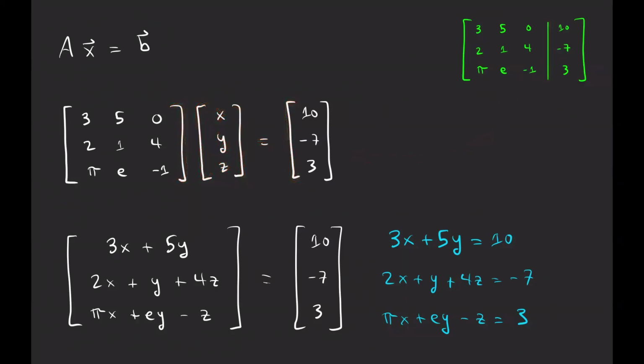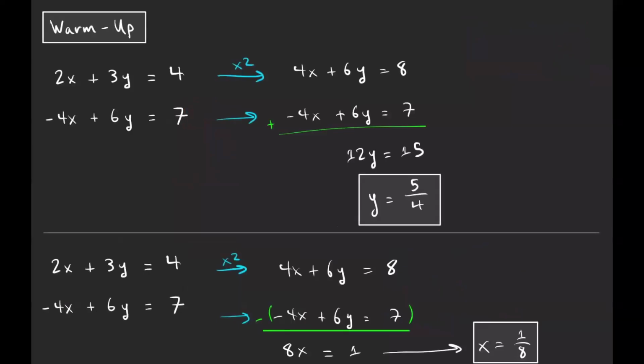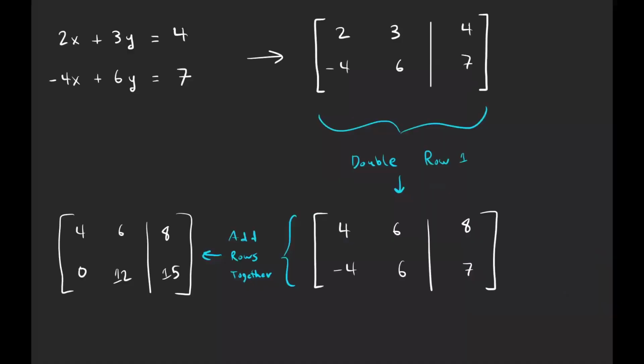Let's go back there. Back in this warm-up, we looked at how I could solve a system of equations, almost pretending like I was a college algebra student. Now we saw, hey, I can get rid of the fluff and write it in this matrix notation that has a bar right here.